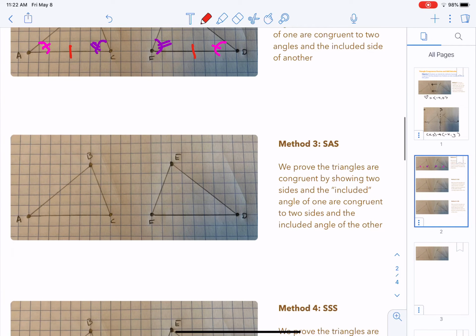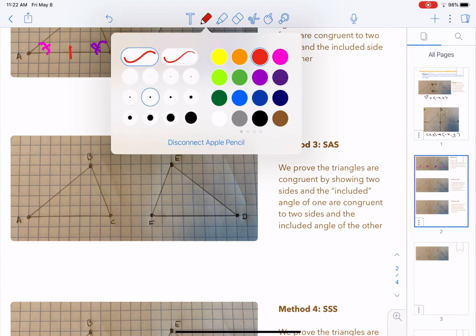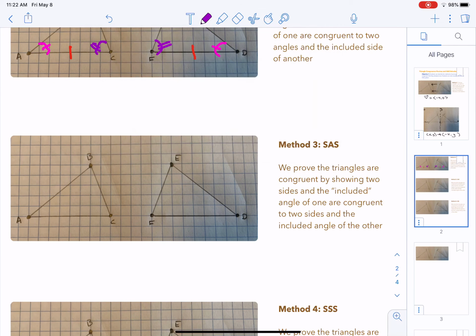Here's side angle side, very similar but a little different. In this case, let's say that these 2 angles here, C and F, are congruent. But we don't know about angle A or angle D. What we do know in this scenario is, well, we could actually count.